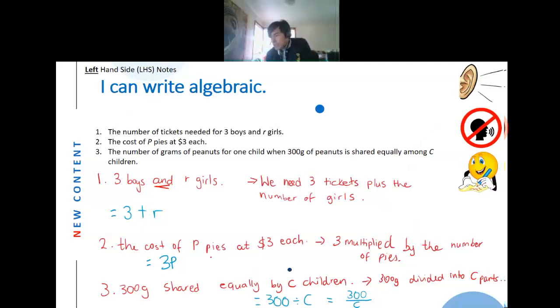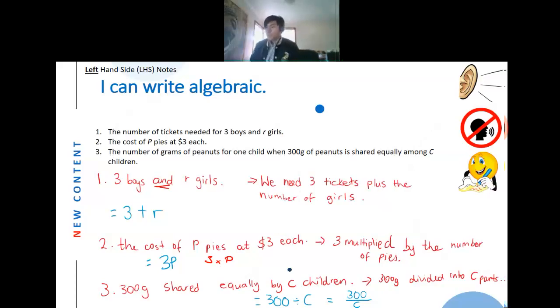So you can write it as 3 times p, or in algebra, we usually don't write the multiplication sign, okay? So we can just write it as 3p. It is expected that between the number and the letters, there is a hidden multiplication sign, okay?